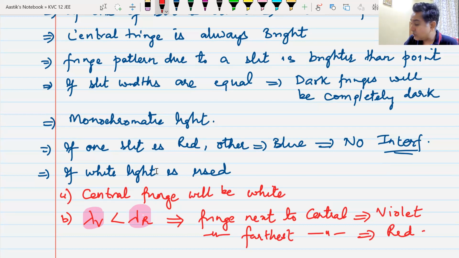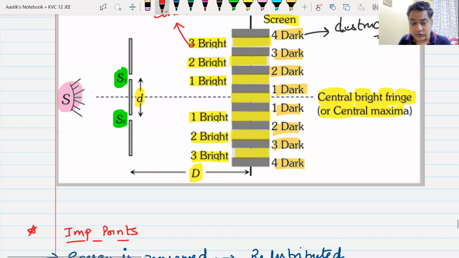Now there is something that we call fringe width. I will show it to you. What is the fringe width in this diagram, and we will also do the formula for this. What do you understand by fringe width?